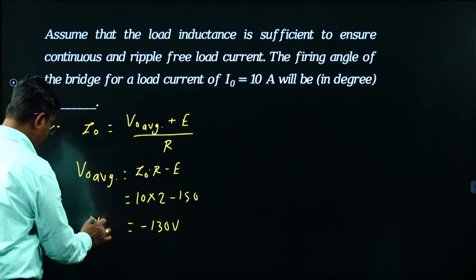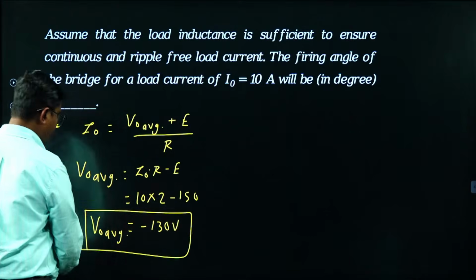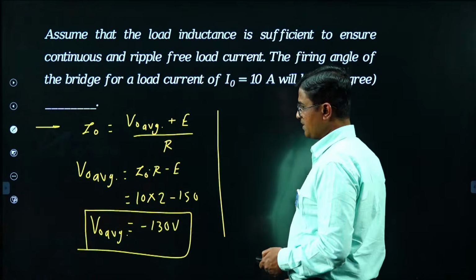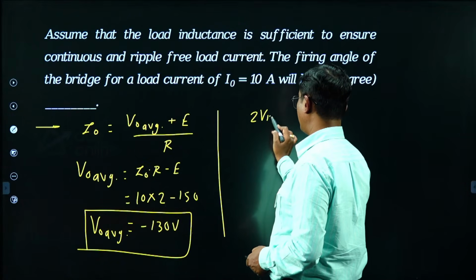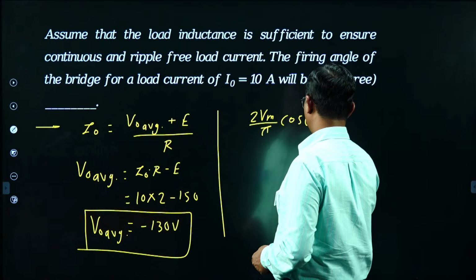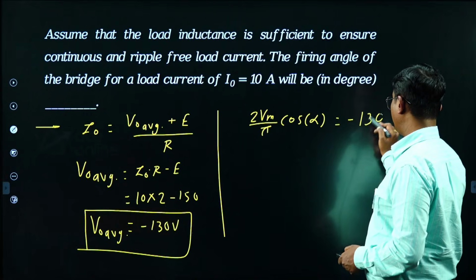This is V0 average. Now what is the expression for V0 average? For single phase full converter with highly inductive load, the expression for V0 average is 2 Vm by pi into cos alpha. Now write 2 Vm by pi into cos alpha is equal to minus 130.